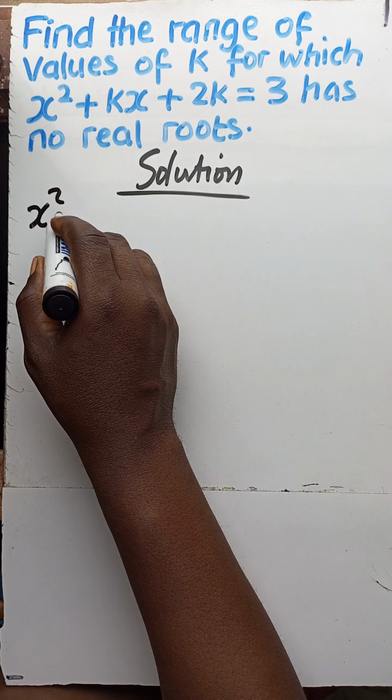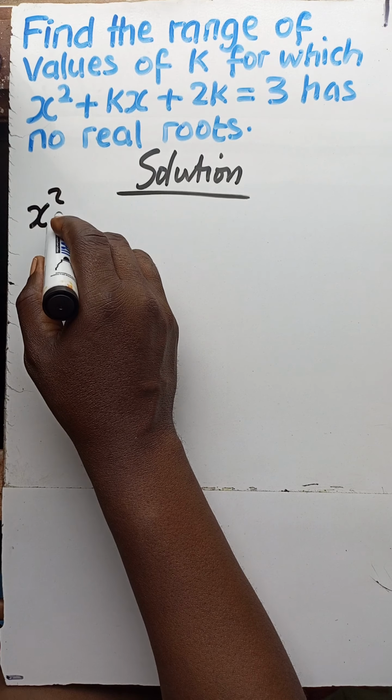Okay, so for imaginary roots, the discriminant b squared minus 4ac must be negative. For imaginary roots or no real roots, the discriminant must be negative.